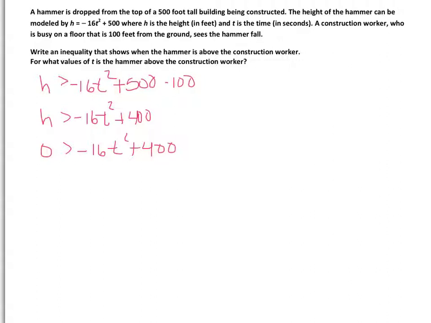Except we don't want the height to be greater than it. We want it to be above the hammer, or below the hammer, so we got to go the other way. So hold on a sec. This actually should have said less than. So now if I subtract it, I get negative 400 is less than negative 16 t squared.